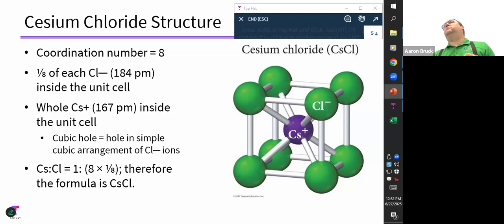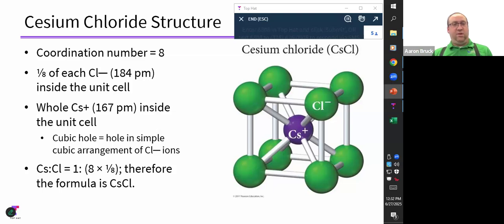Now, mind you, these are ionic compounds. We would expect, based on charges, that cesium chloride is in fact 1 to 1 because cesium is a positive 1 and chloride's a negative 1. But now we can see that that also fits into it in terms of its structure as well.